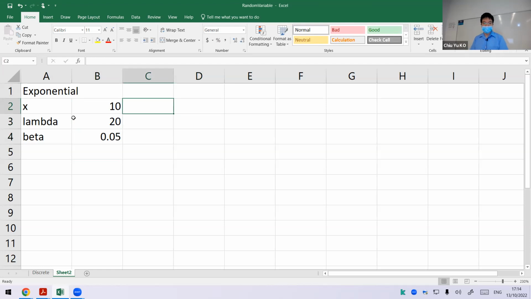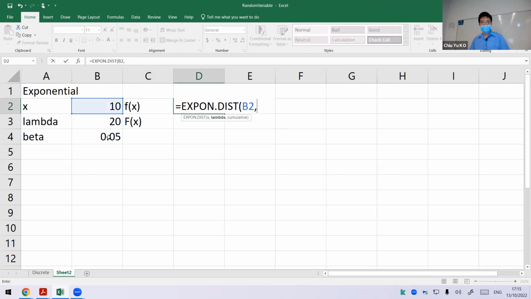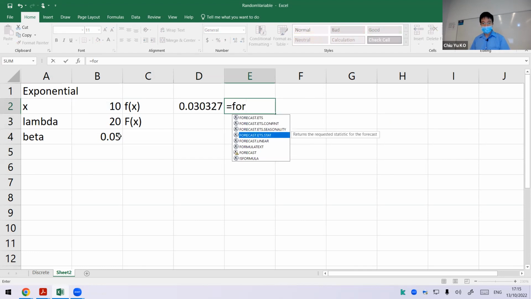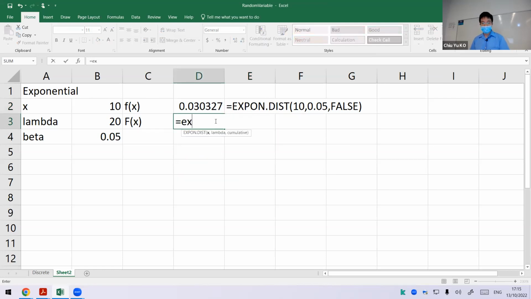Let's forget we have small f. We don't really need it, we just focus on the big F, but the formula is the same, so I just put it here. So for the exponential distribution, you put X, and the lambda is actually this guy, maybe just 0.05, and using false will give you the small f, and using true will give you the big F.